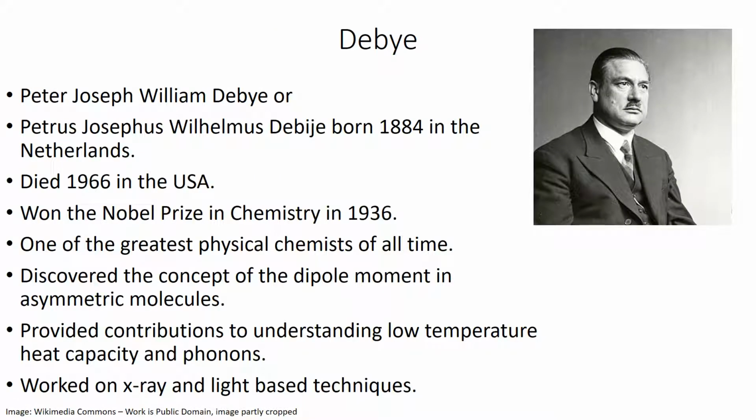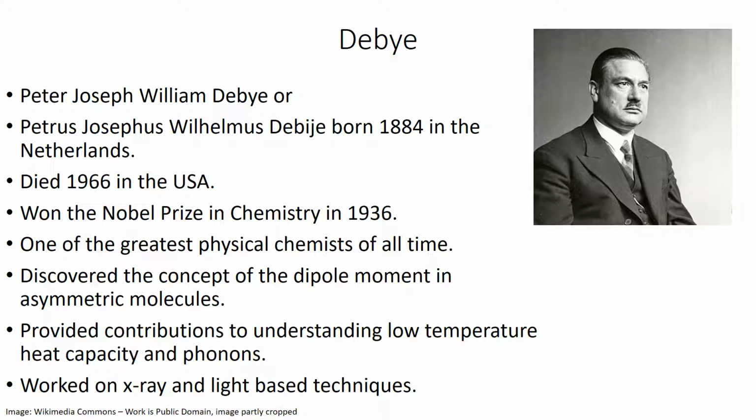So let's start off with a bit of history. We'll talk about Debye. There is his picture. Peter Joseph Willem Debye, or as they would say in Dutch, Petrus Josephus Willemus Debye, was born in 1884 in the Netherlands. He died in the USA in 1966, and he won the Nobel Prize in Chemistry in 1936.